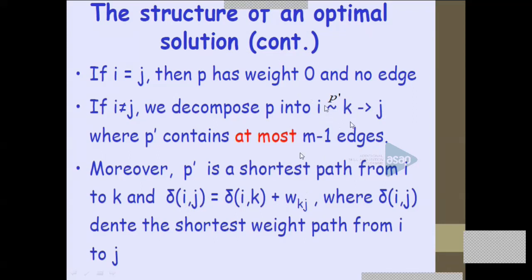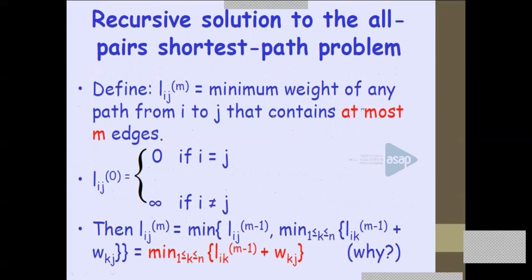At each subproblem I to K, you are finding an optimal value, and each subproblem has an optimal answer. Okay, and here is the recursive definition for all pair shortest path. This is actually a dynamic programming approach. Here Lij, L stands for the length of the path from I to J, where at most M edges are involved.